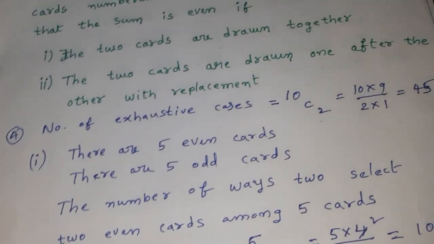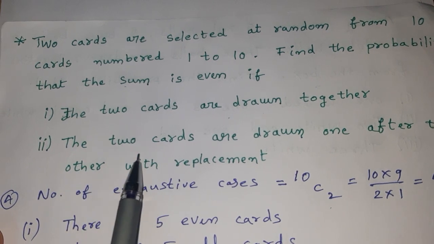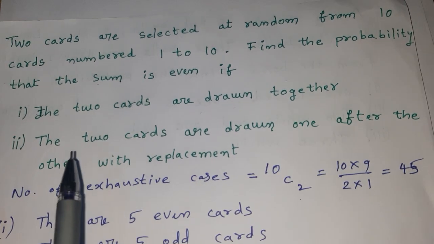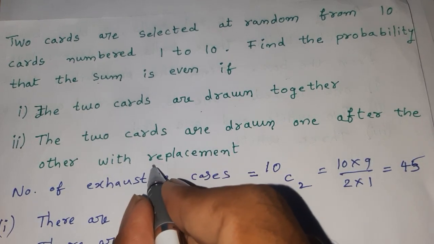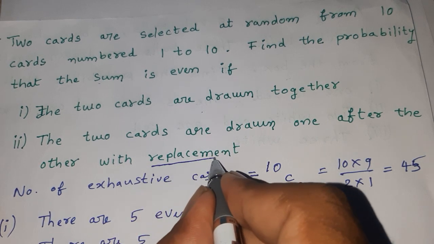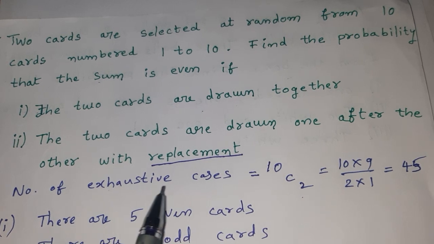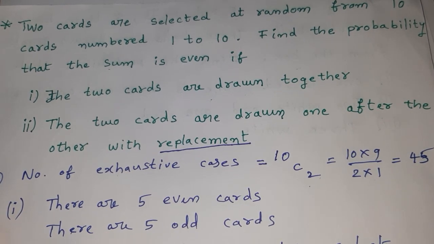Now let us go to the second elementary problem. Here the 2 chords are drawn one after the other with replacement. Here I have to draw with replacement. Therefore, the number of exhaustive cases is not the same. That was only for the first problem.